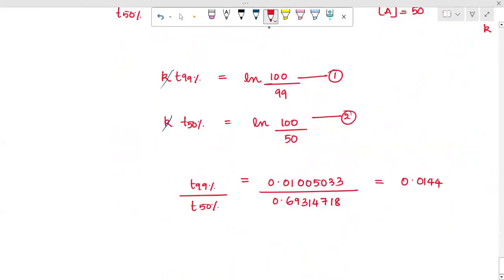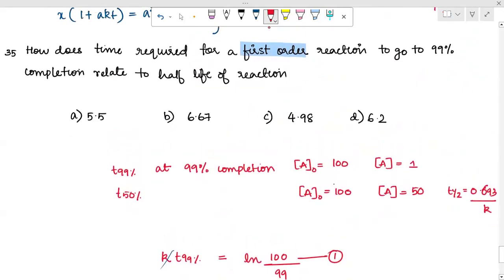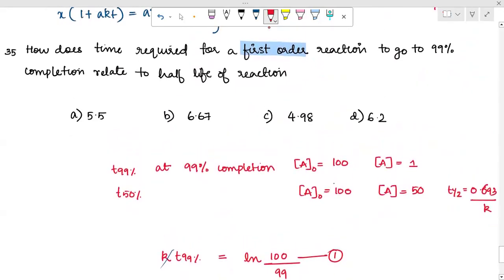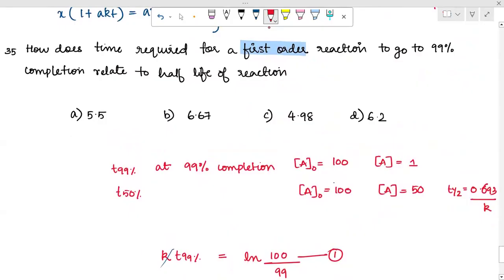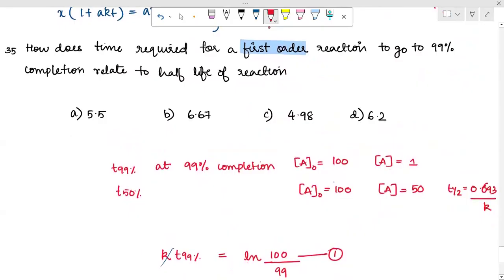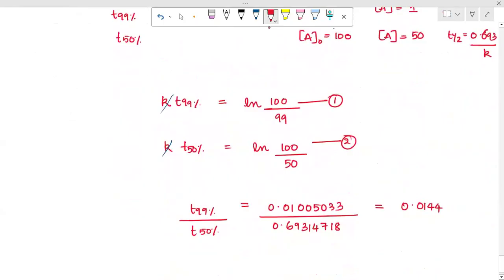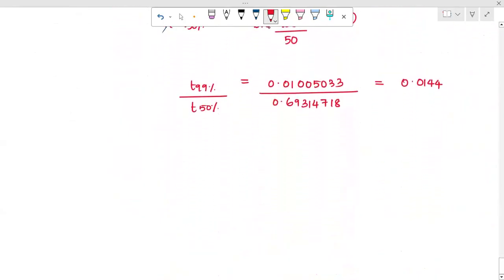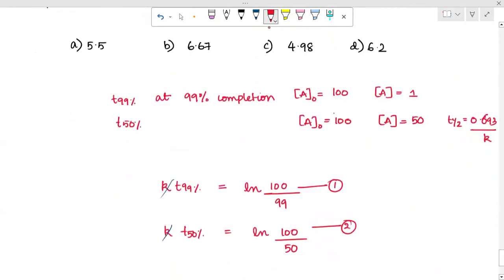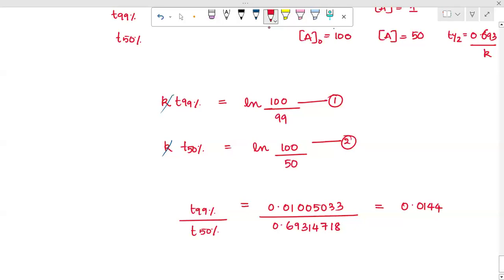Is there a t99 by t50? So I want to write how does the time required for a first order reaction to go to 99% completion relate to t half? Okay.